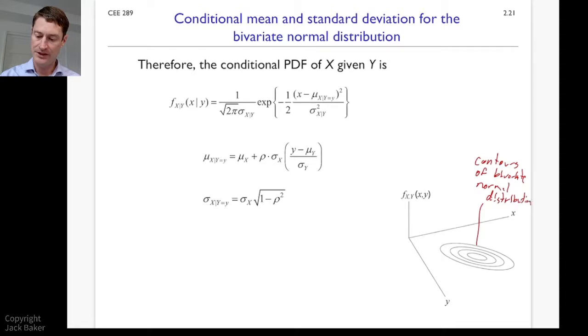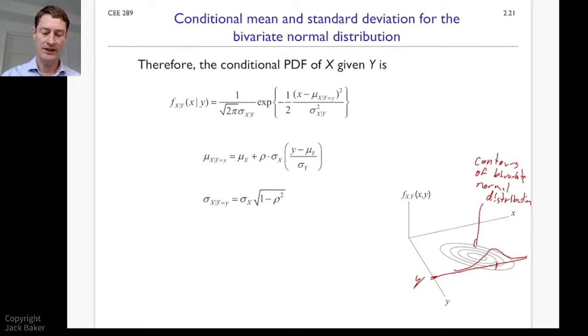All right, so we talked about those contours of z. Now if I specify that the random variable y takes some particular value, now I'm saying, okay, I know that y takes this value. What's the distribution of x? So we know that x has a normal distribution still. It's got this bell curve shape to its PDF. And then the mean value is this conditional mean that we specified. And then the standard deviation, which is the square root of that moment of inertia, has this value given by the equation here also.